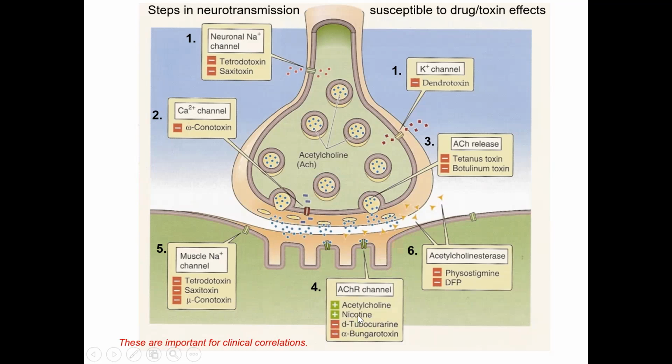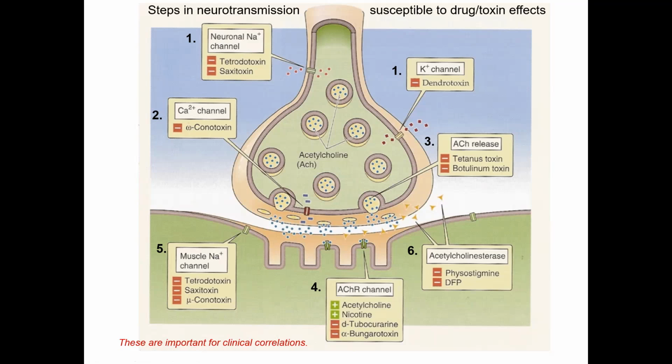By 4, you see here are 2 different substances. One is the agonist for acetylcholine. An example for that is succinylcholine. That's a drug which anesthesiologists use to relax the muscle during operation.